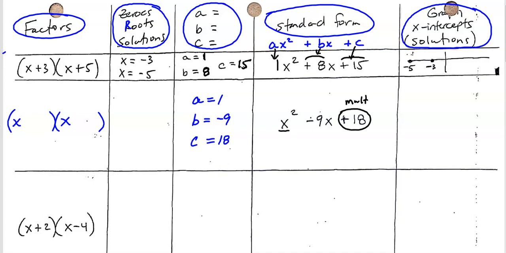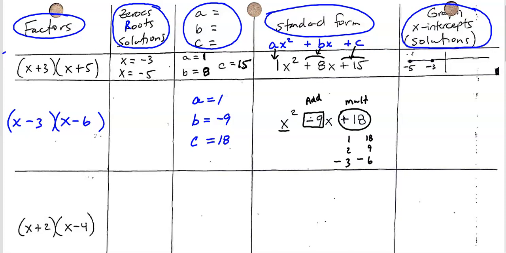So there's only a few ways to make 18: 1 and 18, 2 and 9, and 3 and 6. Those are the only numbers you can multiply together to make 18. But out of those choices, we need to find the two that can add to be a negative 9. So I think a negative 3 and a negative 6 would multiply and add to what we need. So I have x minus 3 and x minus 6.